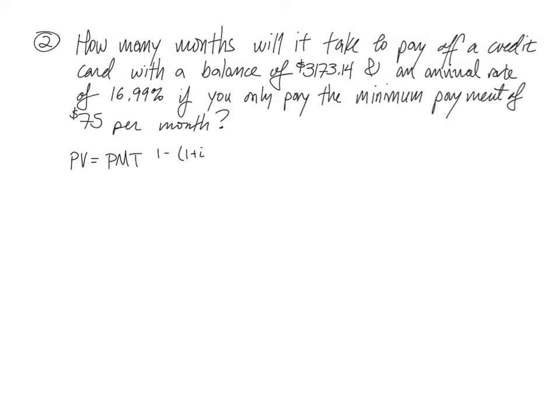1 plus I to the negative n power all over I. Now, instead of going through all the math, I'm just going to pull a little math magic here, and you can take my word for it that if we solve this equation for n, it'll end up being n equals negative the natural log, right?